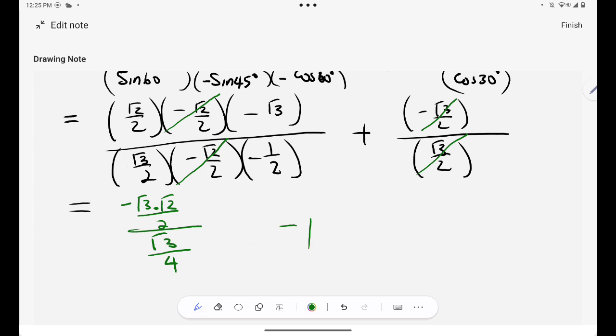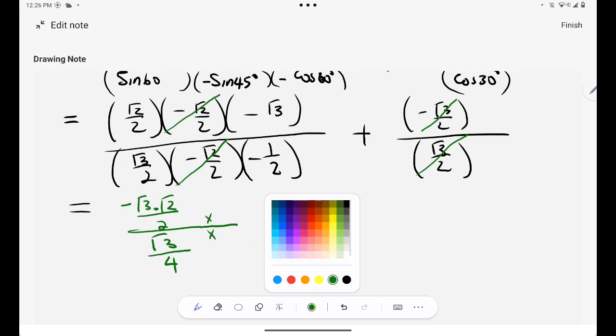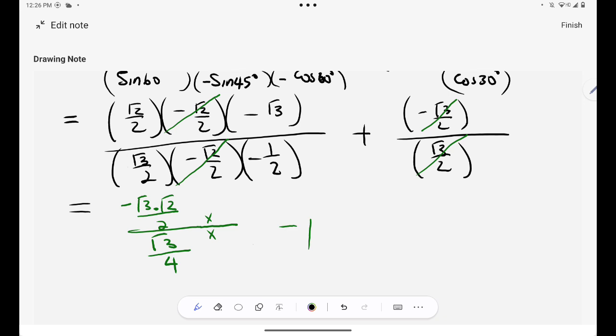All together, guys. Whenever I deal with fractions, I do not want to have a fraction within a fraction. So what I'll do, I'll just multiply the top and bottom by the LCD, which is 4.